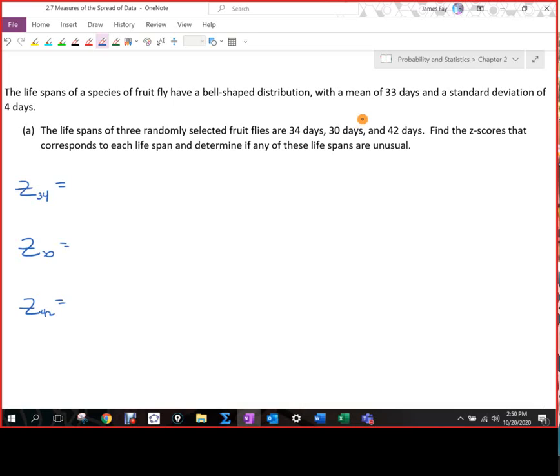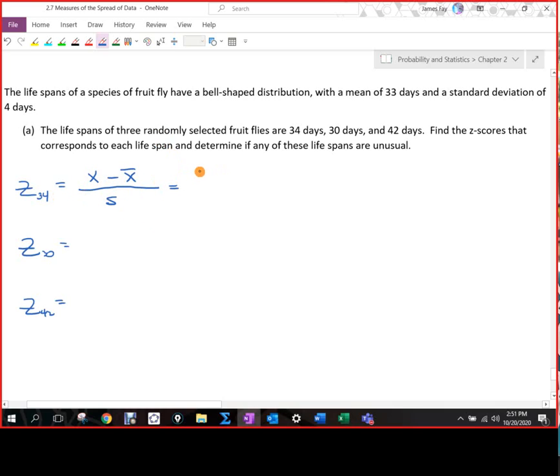Yeah, if I'm talking about the population of fruit flies, that's every fruit fly, right? And I can't gain my standard deviation and my mean from every single fruit fly. So what we're talking about here is most likely x minus x bar over s. That's going to be the formula used for a z-score here. It's still your data point minus the mean divided by standard deviation.